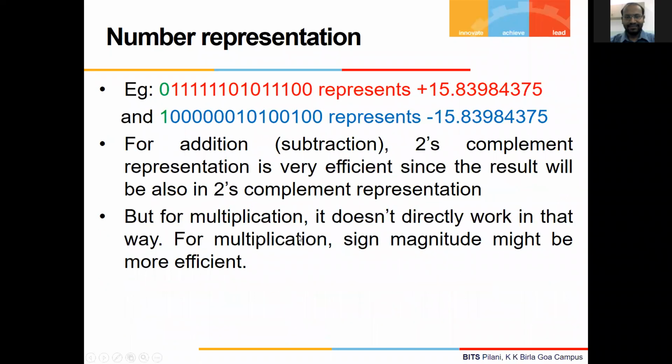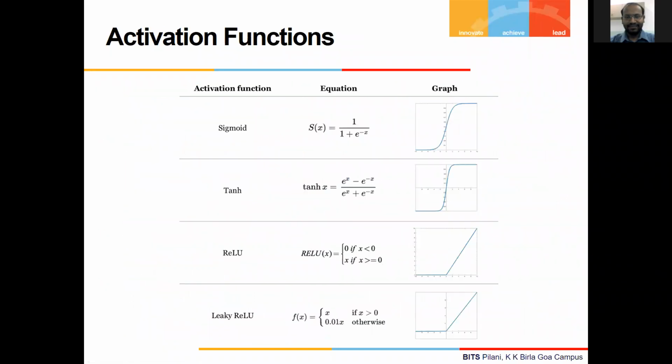The activation function is the last block in our actual neuron, which gets fired when the input crosses a certain threshold value. Initially, the first proposed neuron was a pure threshold logic.